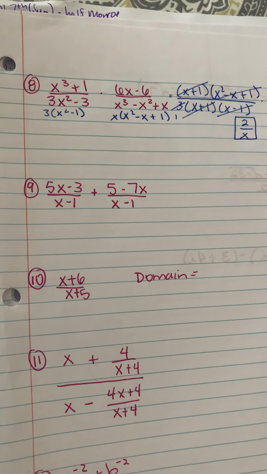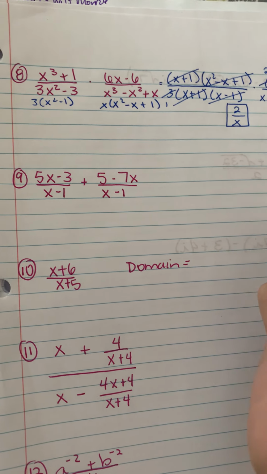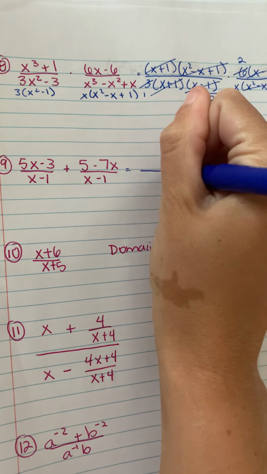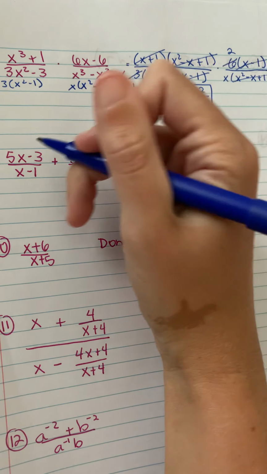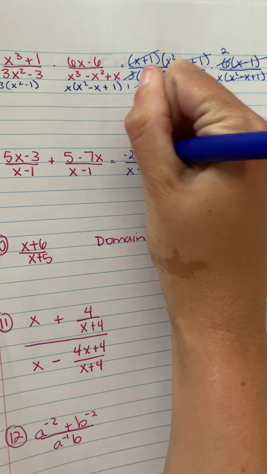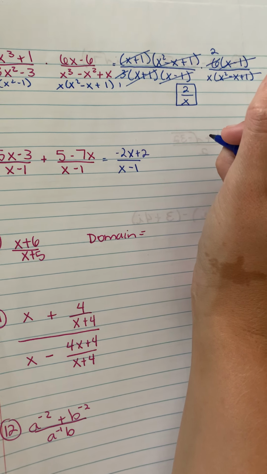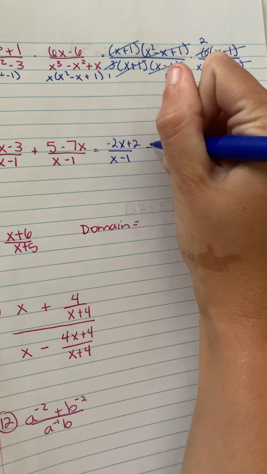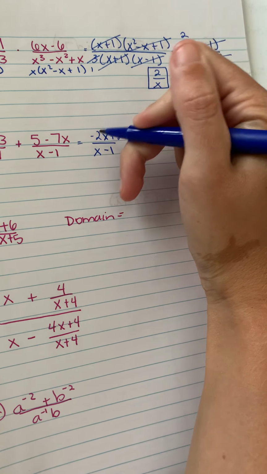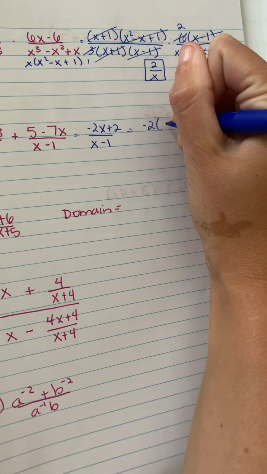Okay, on number 9, we're adding fractions. You have to have a common denominator, which this one does have already, so that was easy. Keep that, and then combine like terms on top. So 5 minus 7 is -2, -3 and 5 is +2. Okay, but let's look and make sure there's not a GCF anywhere, and I see that there is one on top. And I'm gonna take out a -2 because it's in the front.